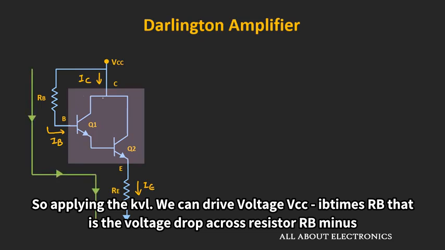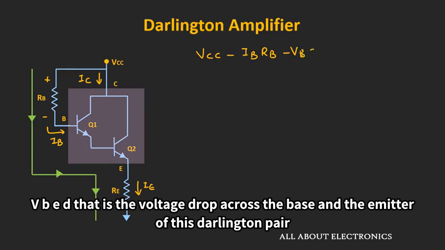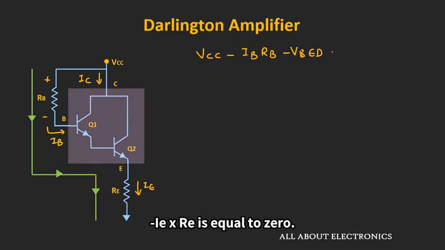Applying the KVL, we can write VCC minus IB times RB, that is the voltage drop across this resistor RB, minus VBED, that is the voltage drop across the base and the emitter of this Darlington pair, minus IE times RE is equal to 0.